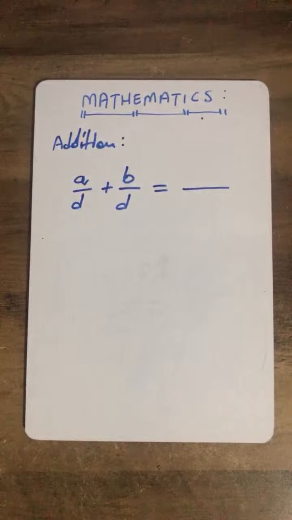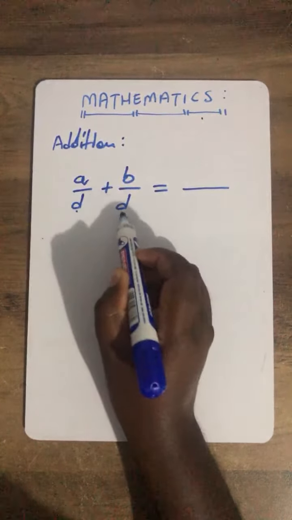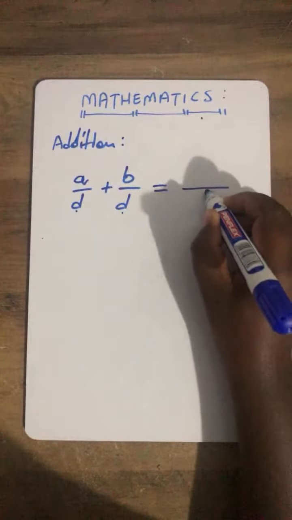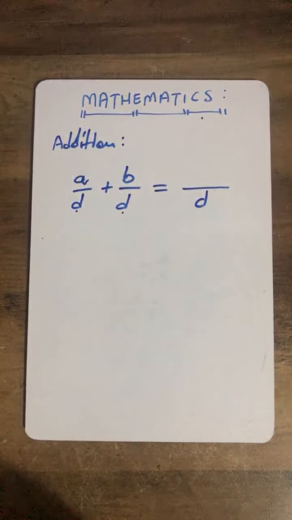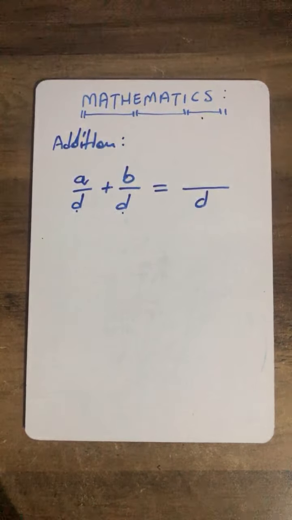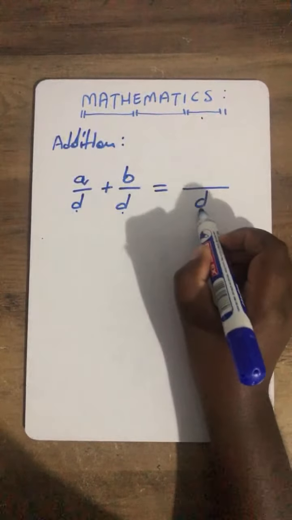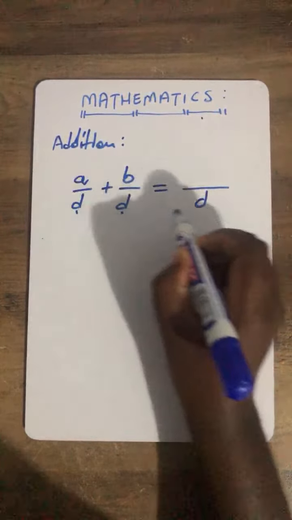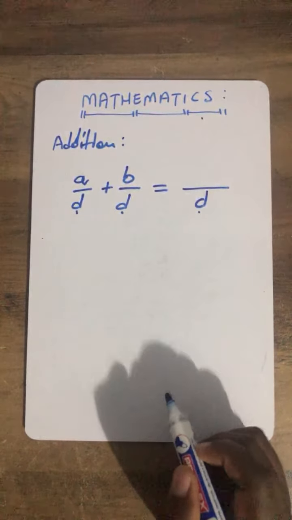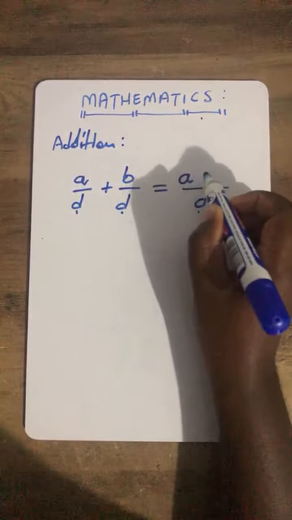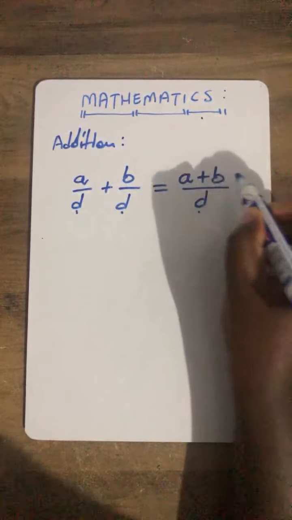Remember, if the denominators are the same, you represent it as 1 denominator, only if they are the same. I hope you guys are listening very carefully. You represent those two with one denominator, and what you do is add the numerators, meaning you are adding that A with that B.